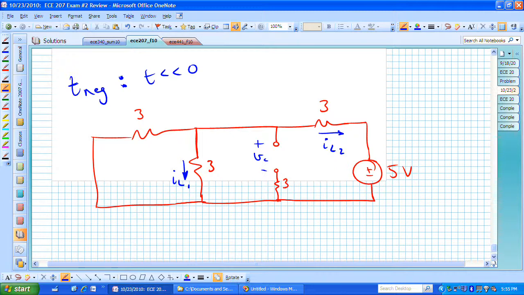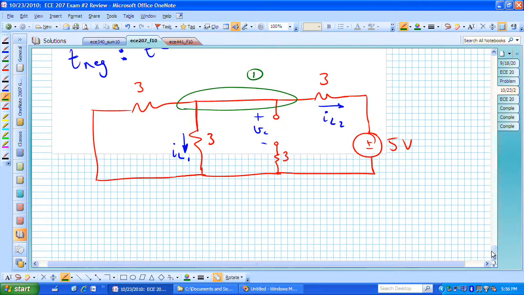If that's the case, there are several ways that we can analyze this, but if we look at this as one node, then we simply have that one node voltage to find. If we write KCL at 1, in this particular case, we have this current going to the left. Let's call this voltage V1, and since it's a constant DC excitation circuit, let's call it capital V sub 1.